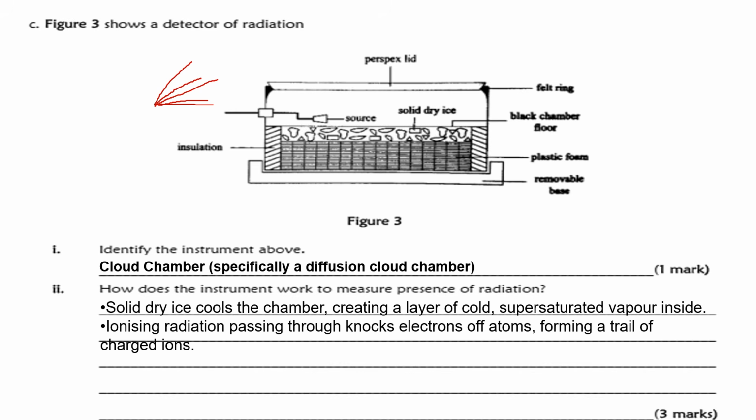When they're dense like this, it means that the radiation being detected is alpha. But when the trails are wavy like this, then that's going to represent beta radiation. It means beta detected.